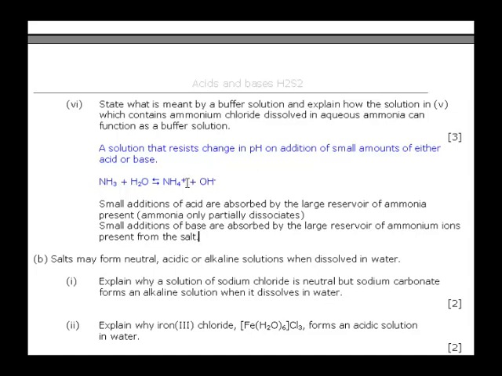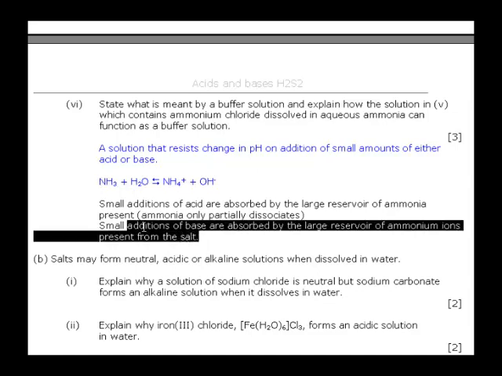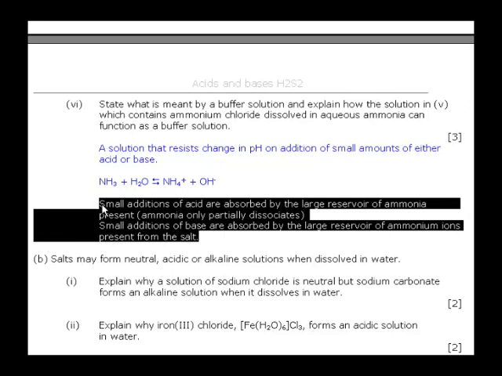And so OH minus pushes the equilibrium to the left hand side and H plus pushes the equilibrium to the right hand side. As there's a lot of NH4 plus and a lot of NH3, then we virtually always maintain the OH minus ion concentration.